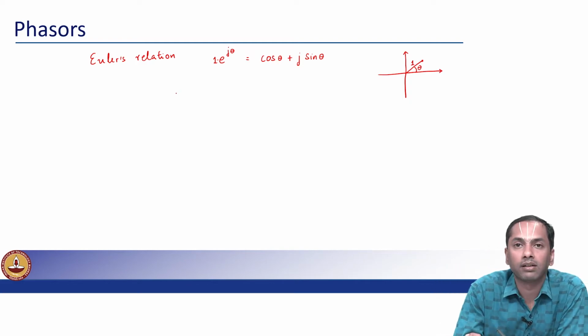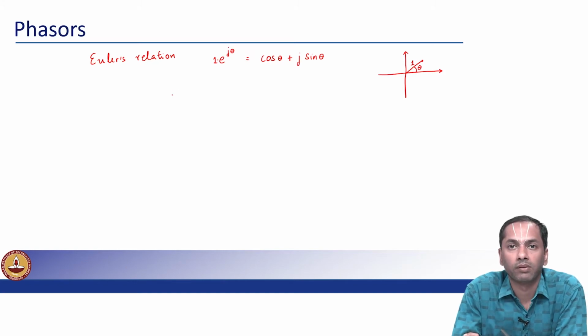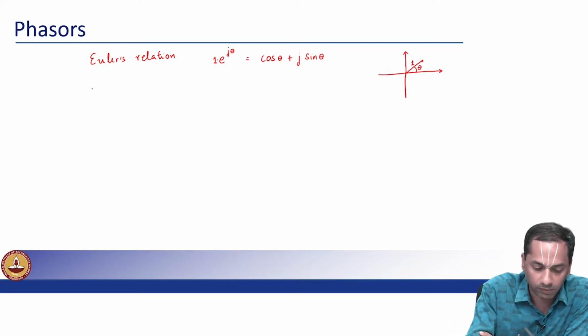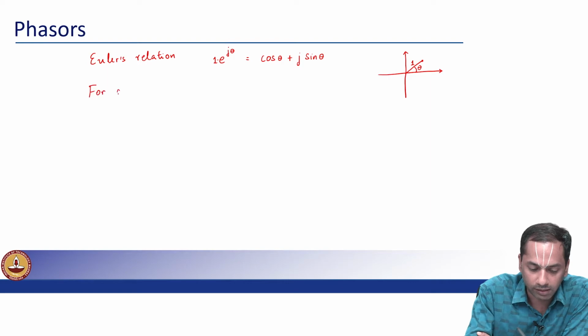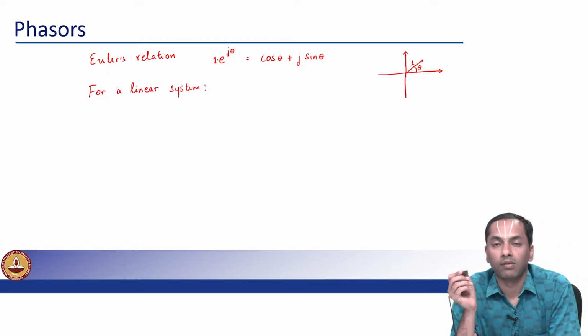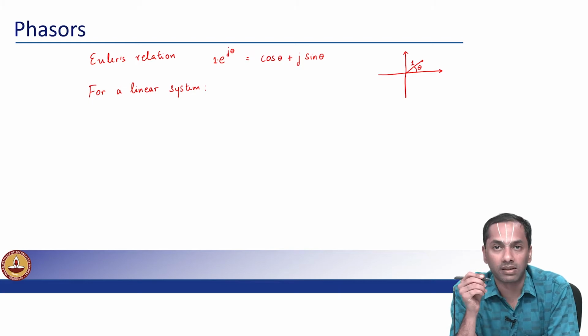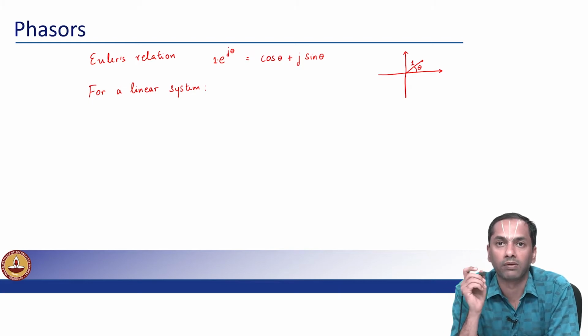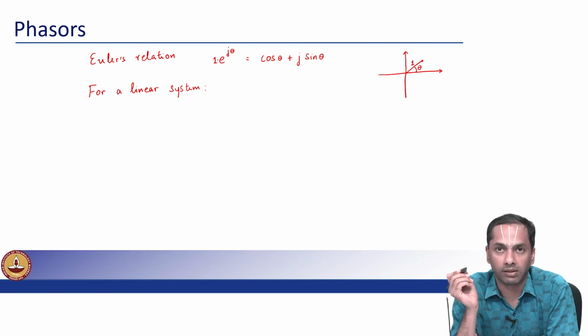The second interesting mathematical relation is when you have linear operators, right? So for a linear system, we say that when the system is excited by a particular frequency omega, no new frequencies are generated.